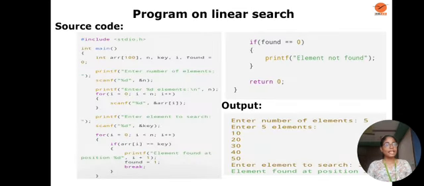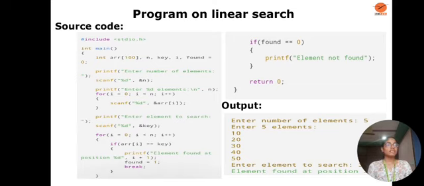So in previous slides we learned how linear search works and the algorithm of linear search. Now let us see the program on linear search. Here we declared header files and now in the main, we declare the array, n, key, and found equals to 0. Firstly it asks the user to enter the number of elements. As we enter the number of elements present in the array, it asks for the elements of the array. Then it asks for the key element to search in the array. As we enter it, if array[i] equals key, then it performs the searching.